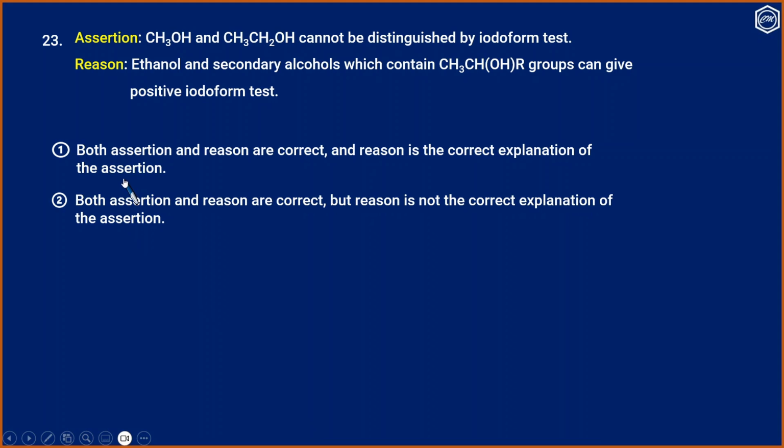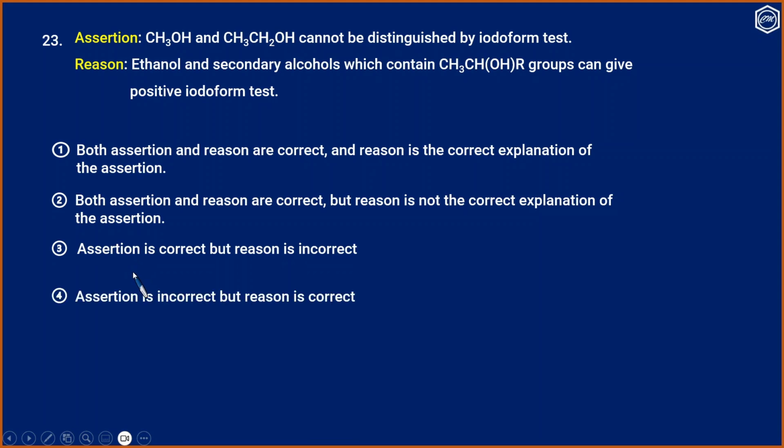Option 2, both assertion and reason are correct, but reason is not the correct explanation of the assertion. Option 3, assertion is correct, but reason is incorrect. Option 4, assertion is incorrect, but reason is correct.